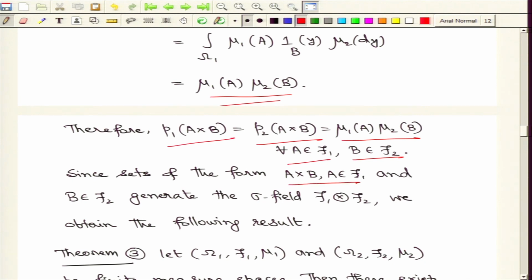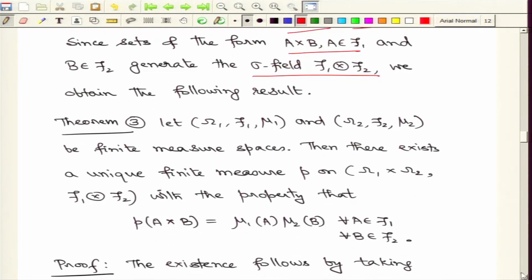Now, these sets A cross B are generating the product sigma field, and therefore what we end up having is some kind of uniqueness identification for the functions P1 and P2. Remember, these functions are defined as integrals of certain non-negative functions and they associate numbers to sets, so they have the structure of finite measures.